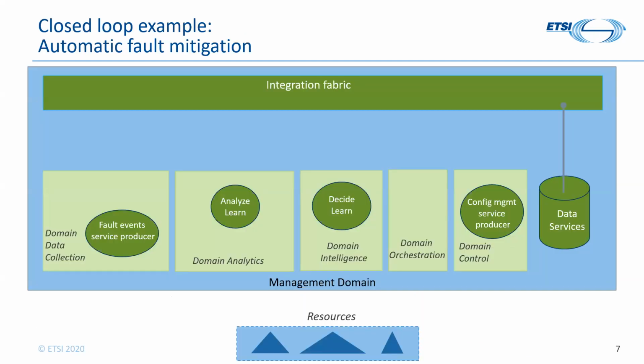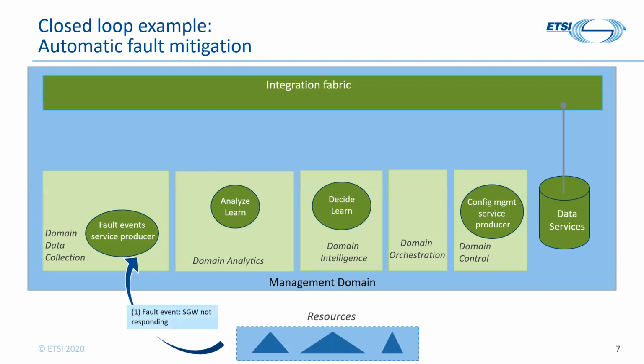This is an illustration of how the components within the ZSM framework interact with each other to form a closed-loop automation enabled by the management services defined in ZSM 002. Here we have a fault event or a network exception that is reported from the managed entity. In this case, it could be an AMF or UPF.